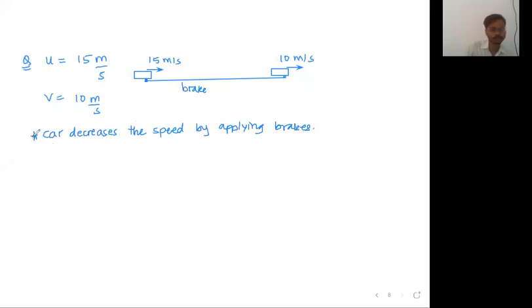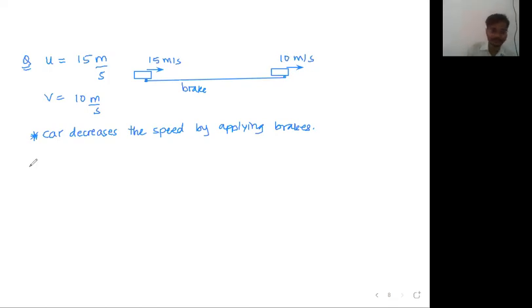Now try to understand. When the car tries to stop or decrease the speed by applying brakes, the magnitude of velocity, or you can say the speed, initially was more, 15, and finally it is less, 10. So the value of the speed has decreased.